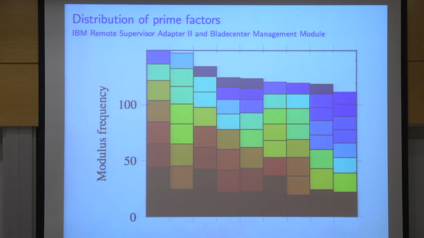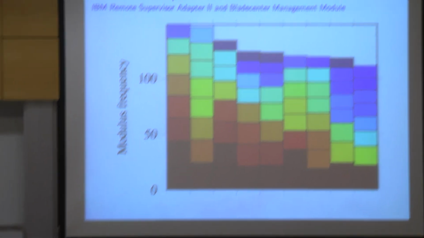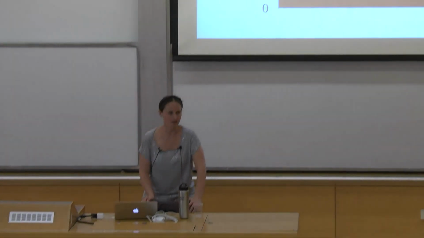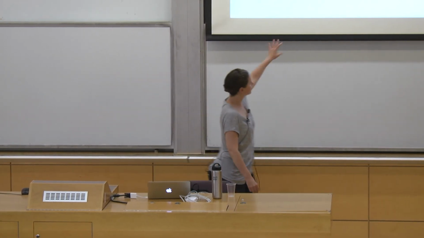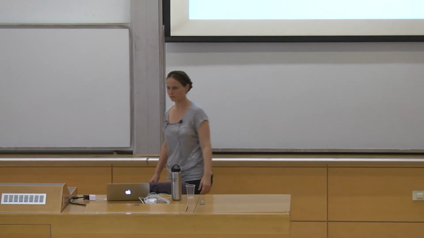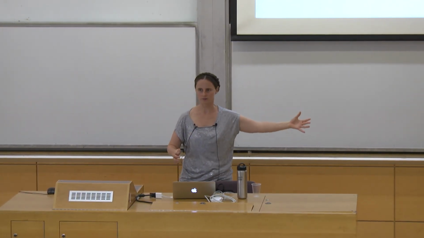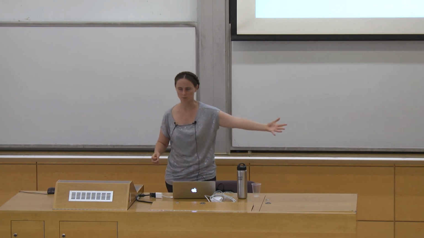What is it used for? These are little cards that you can plug into your servers to remotely administer them, to reboot them and whatnot. So you SSH into your card, or you use the HTTPS interface to administer your server. This is a case of a random number generation problem that is not the Linux or similar boot-time entropy problems.